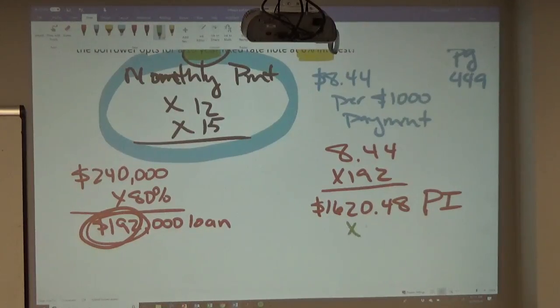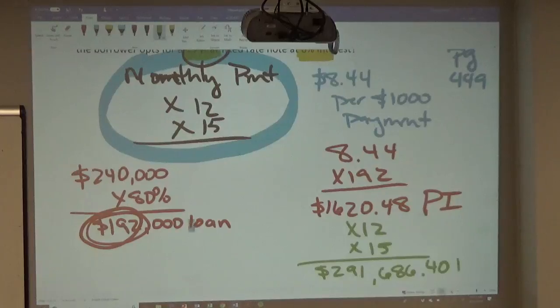So it's this times 12, and then times 15 years, because it's 12 months a year and 15 years. That's going to give us the total repayment on that loan. 1,620.48 times 12 times 15 is $291,686.40, principal and interest combined.